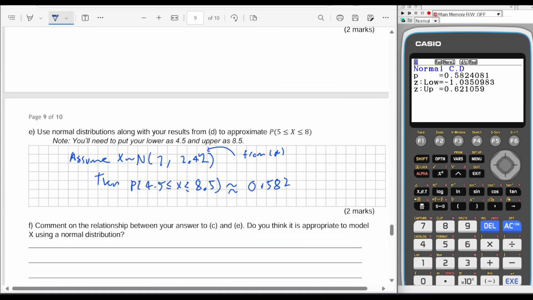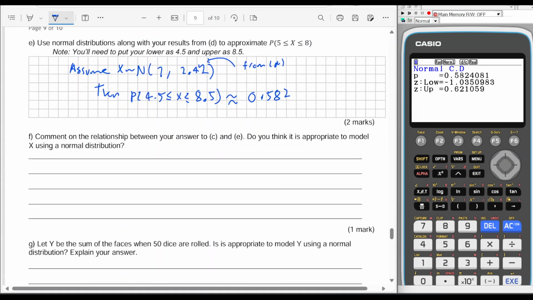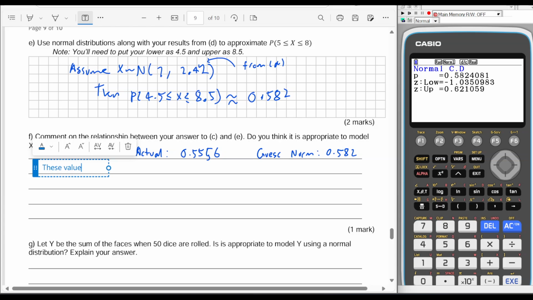So these ones here, you've got the actual value 0.5556, and then our guess with the normal distribution is 0.582. So these values were close, but a little bit off.